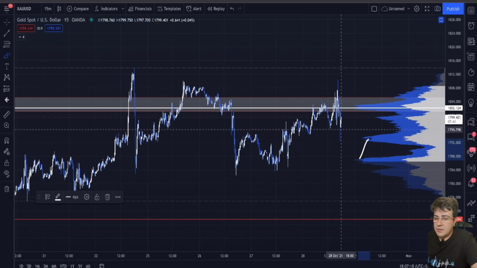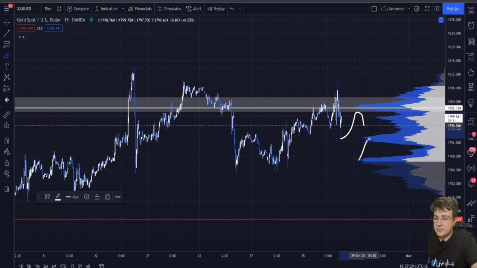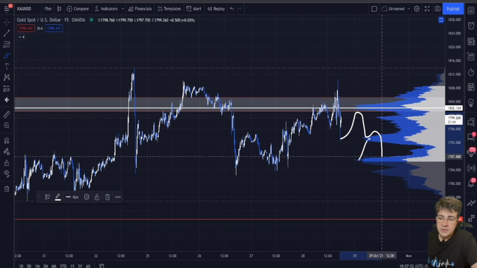In my opinion, the price right now might go and retest this previous consolidation block, then retest this consolidation block over here at 1793. It might get another rejection and fall beyond this place, and we could have it at 1787, right?